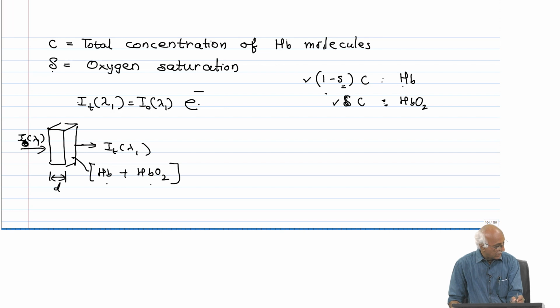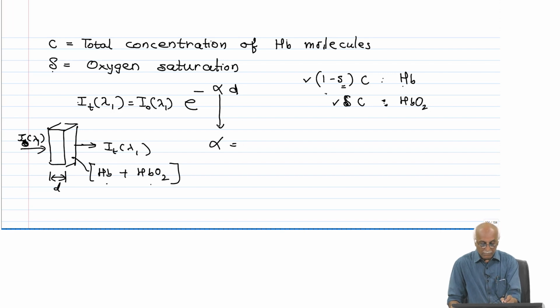Then we can represent this as per the Beer-Lambert law. It is equal to alpha into D, where this alpha value is due to oxyhemoglobin and hemoglobin coming into the picture, isn't it?